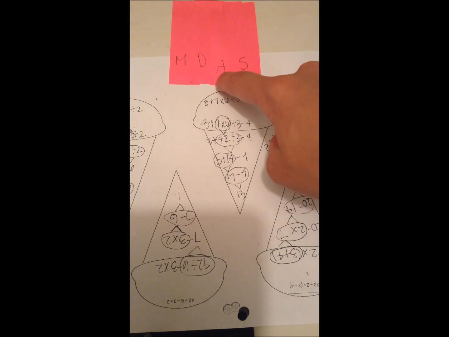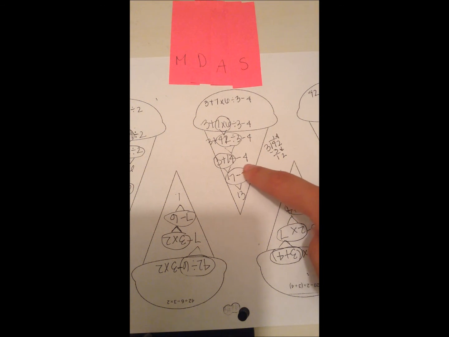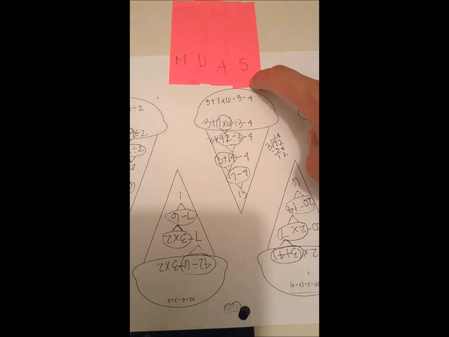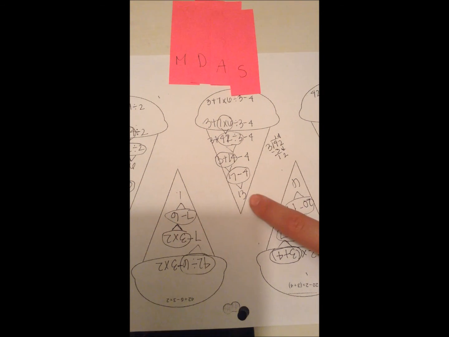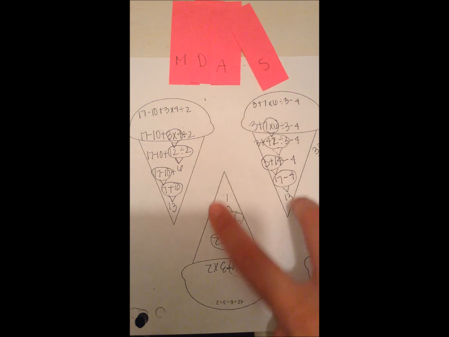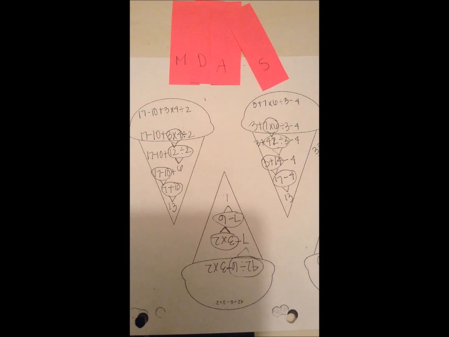Then I needed to add, so I circled my 3 plus 14, and I put my 17 down here, and I only had minus 4 left. So I wrote that down, and then I did my subtraction piece, and that got me to 13. So 2 very different equations, both got me to the same answer by doing my order of operations.